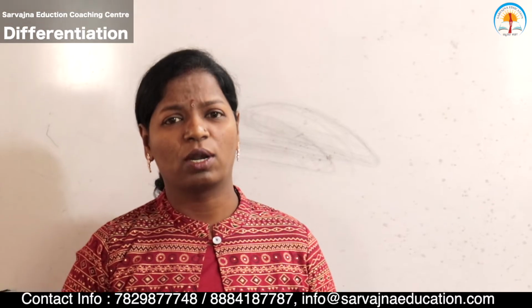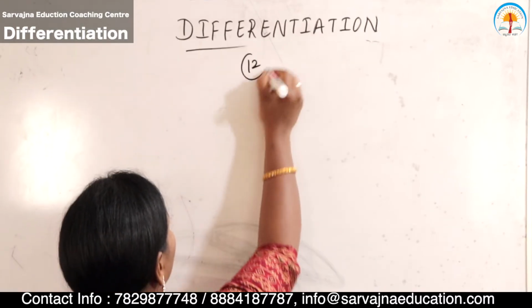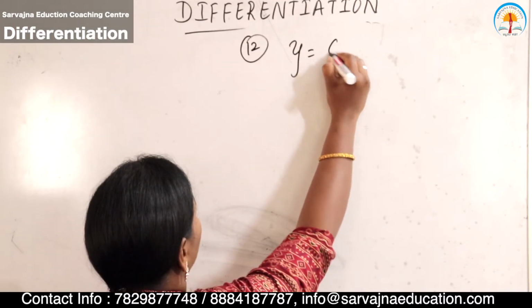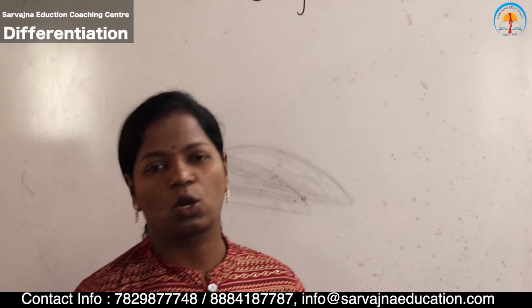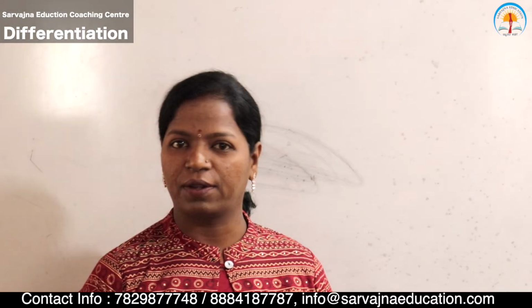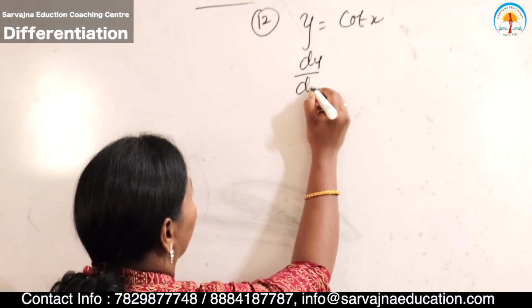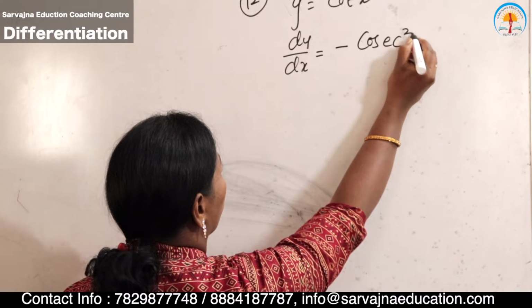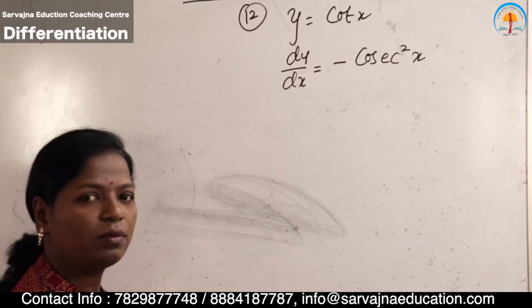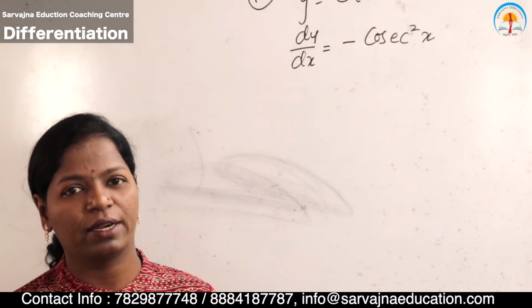Yes guys, we'll move on to the 12th formula. y is equal to cot x. Here cot x and cosecant x are related. The differentiation of this is dy by dx is equal to minus cosecant square x. So here cot and cosecant are both related.